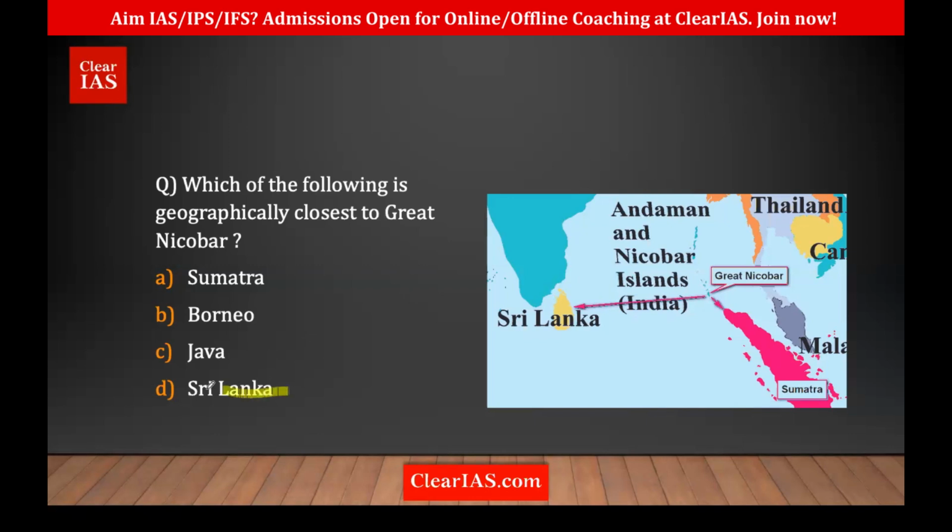If you know this figure, you can directly eliminate Sri Lanka. And if you know the islands of Indonesia, Sumatra is there, Java is there, and Borneo on top, we can understand that Sumatra would be the closest. Here is the Great Nicobar, and you can see it is very far.